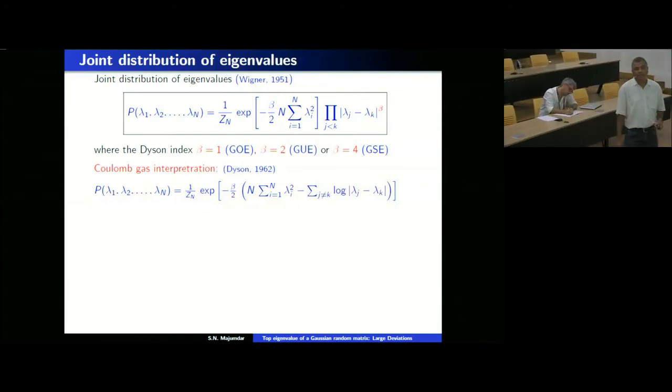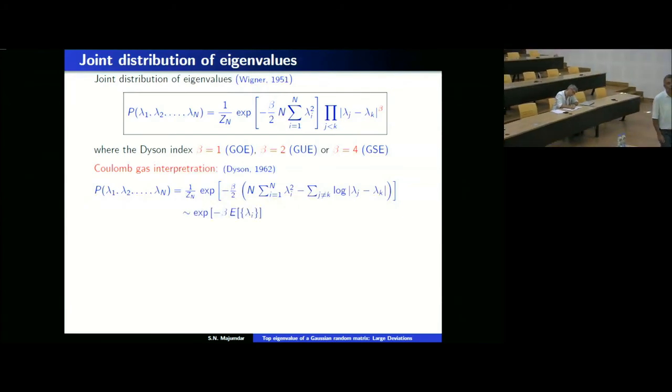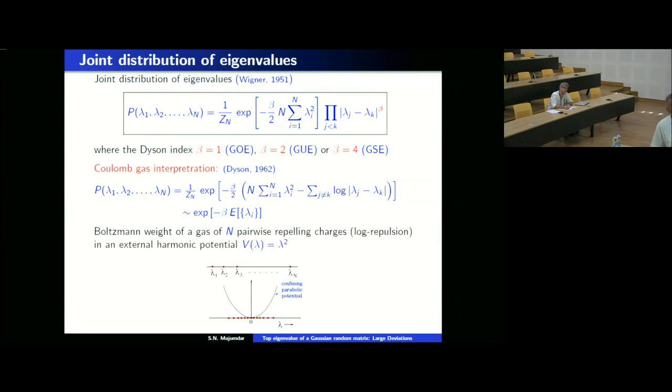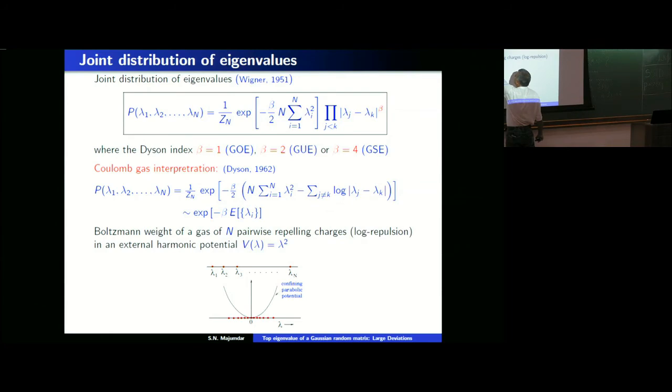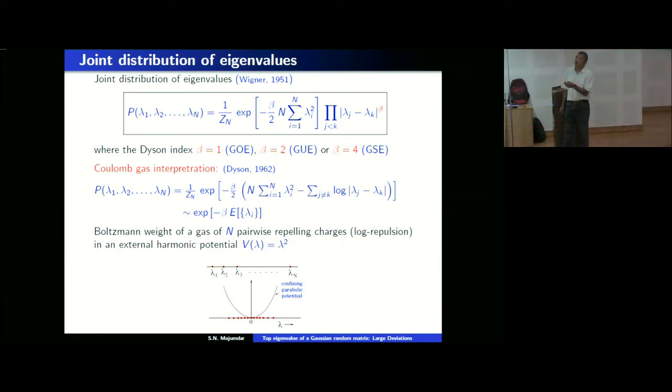So then you see that this is exactly of the form of a one-dimensional stat-mech system. I can interpret these lambda i's as the positions of classical particles on a line, sitting in this confining harmonic potential, and interacting with each other. Because this product goes over all pairs of j and k, this sum is also over all pairs of j and k.